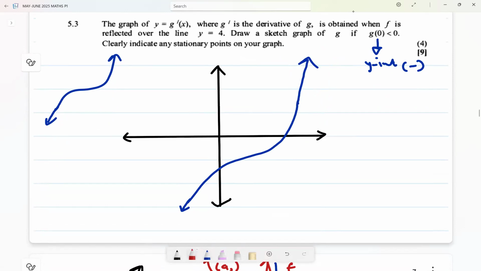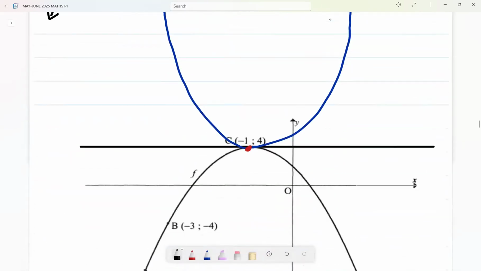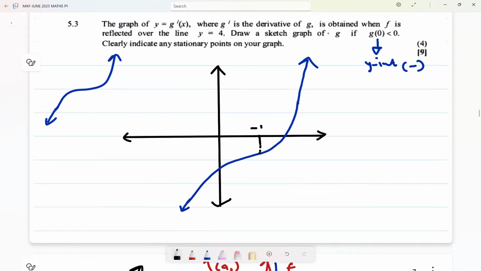And say the point of inflection here, I know the point of inflection here. So the point of inflection here, it is x is equal to -1, basically. So x is equal to -1. It's supposed to be somewhere.